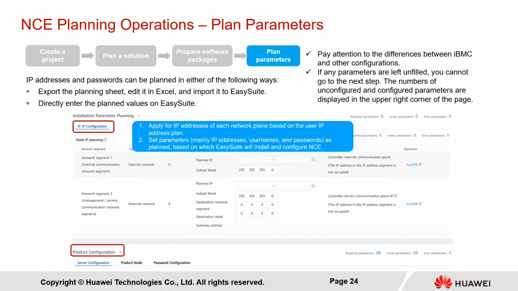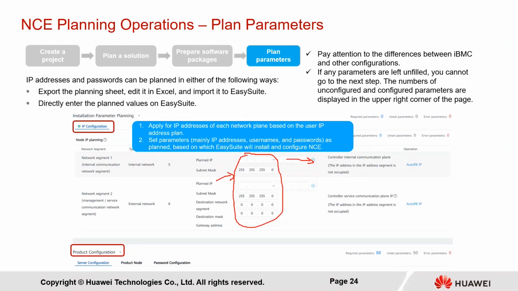It is up to you. So this information can be put in manually on the web UI, and you can export it to an Excel, or you can just import it directly from an Excel document.